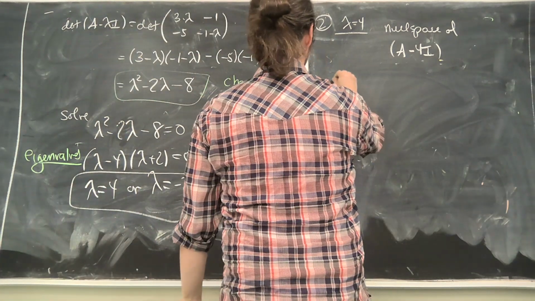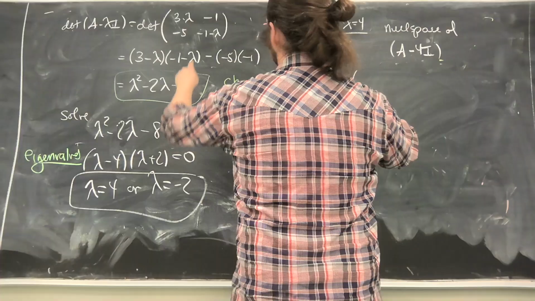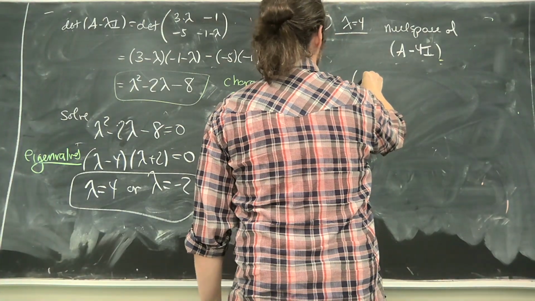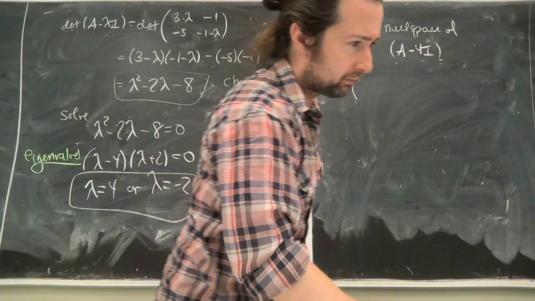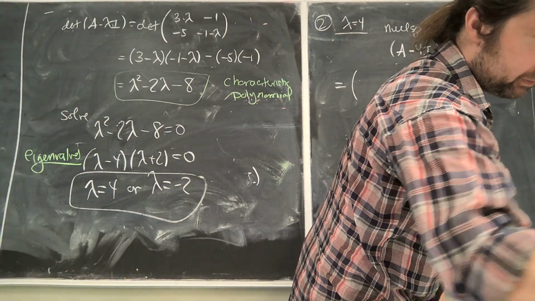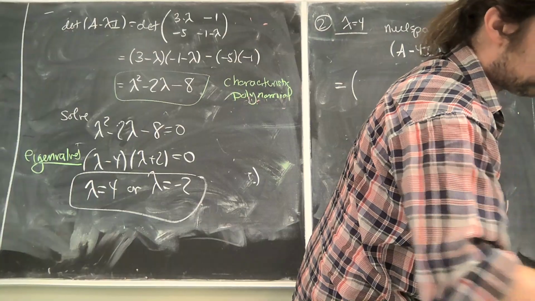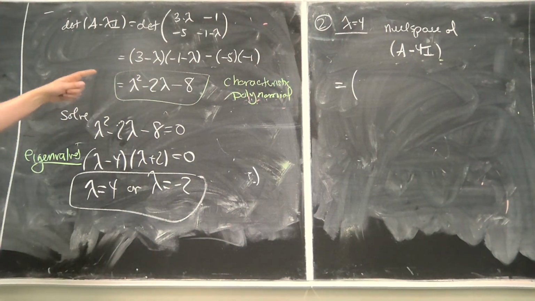So for this one, you get A minus 4I is the matrix. 3 minus 4 is, I think I got this right. Let's make sure I've got this correct here. 3, minus 1, minus 5, 1, and there's a 4 here.